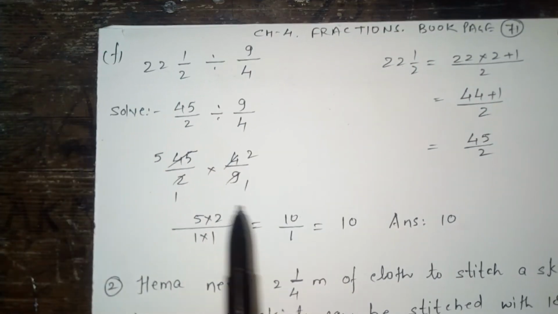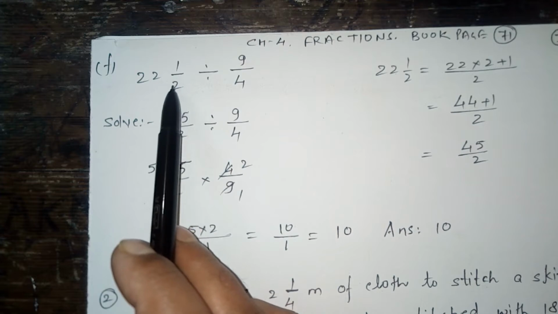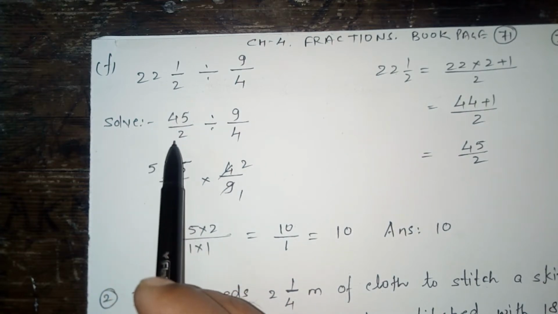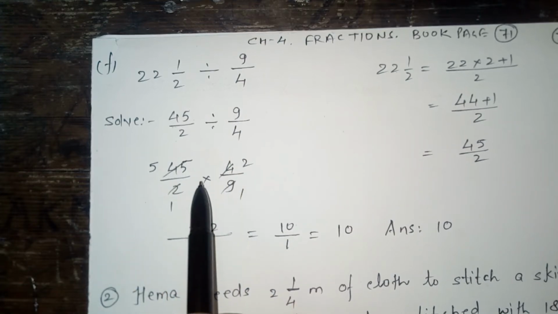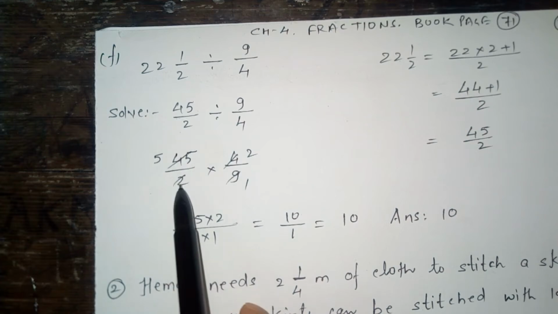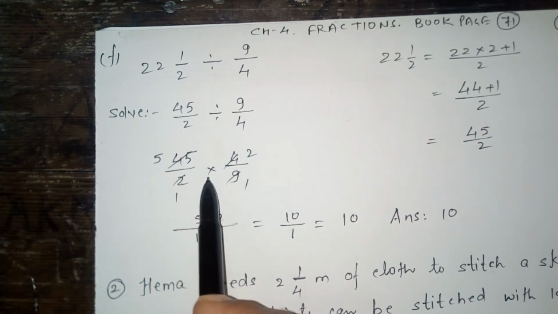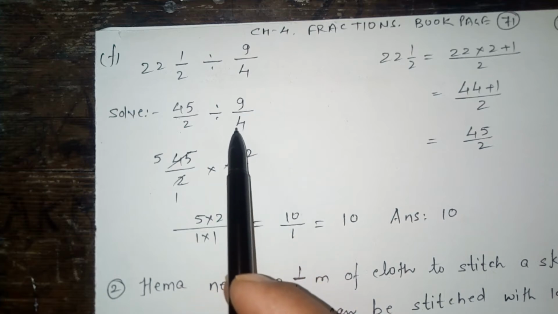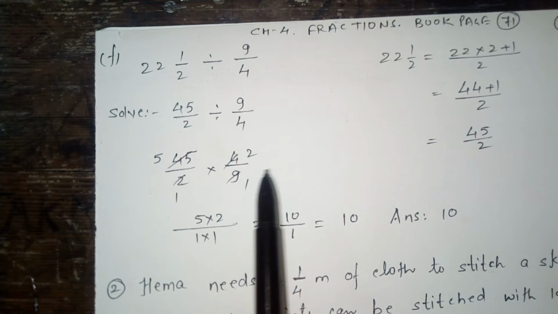Okay, so we will write it in the form of 45 upon 2 divided by 9 upon 4. In place of the division sign we will put the multiplication sign, and the multiplicative inverse of 9 upon 4 is 4 upon 9.